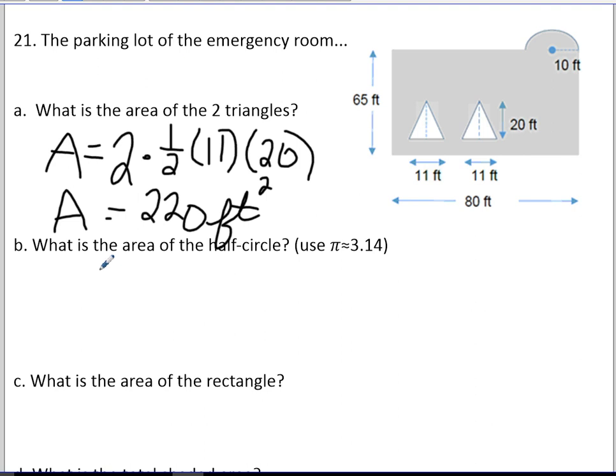For the area of the half circle, remember we have to say that it's a half circle in our formula, so 1/2. And then we have pi times radius squared. Look at the picture and we can see that they did give us the radius, not the diameter. So we can use 10. So we'll have 3.14 times 10 squared.